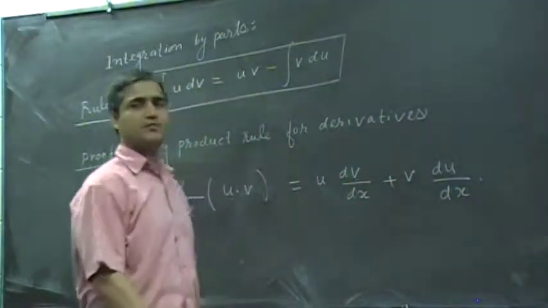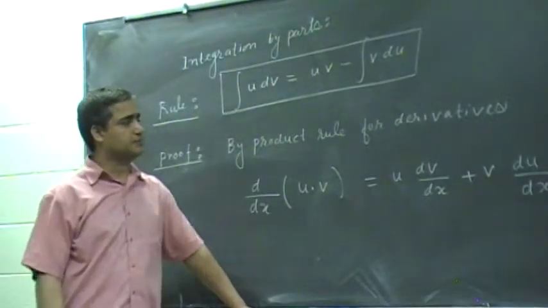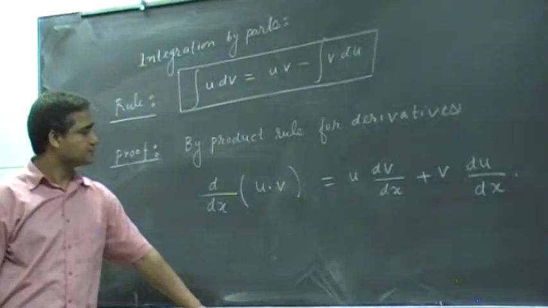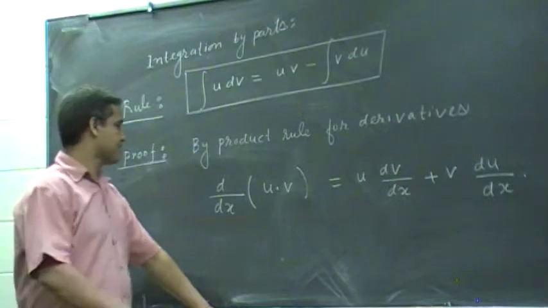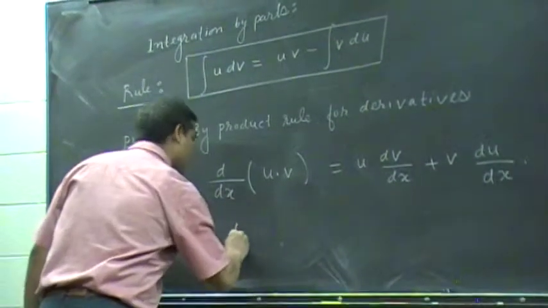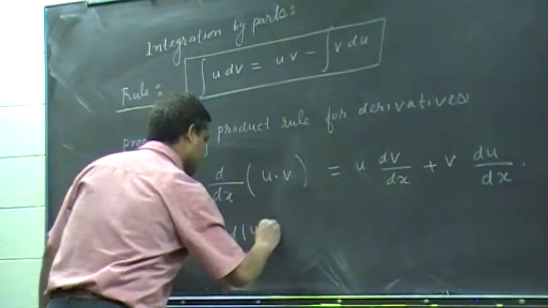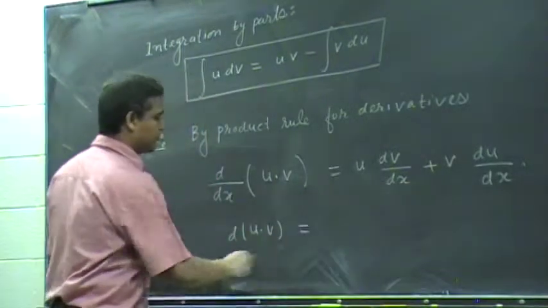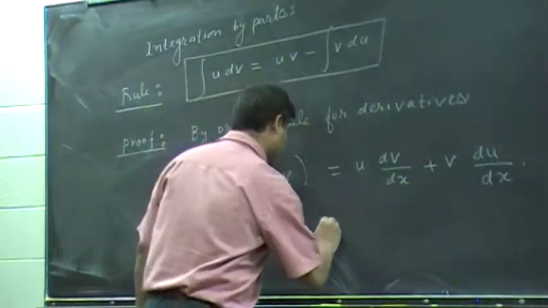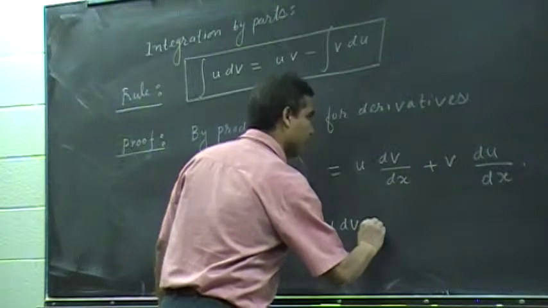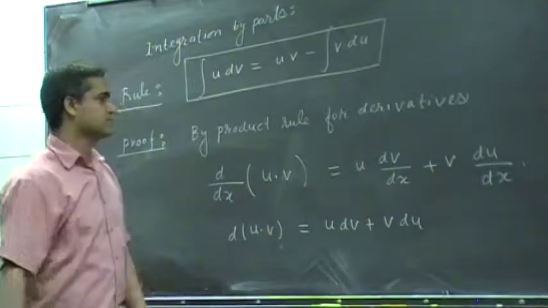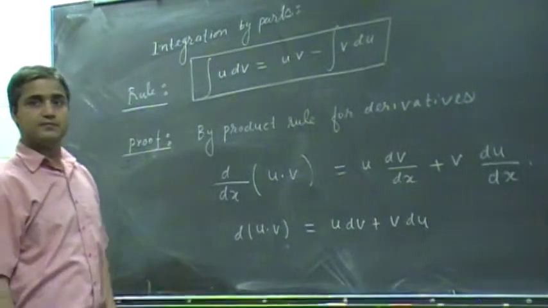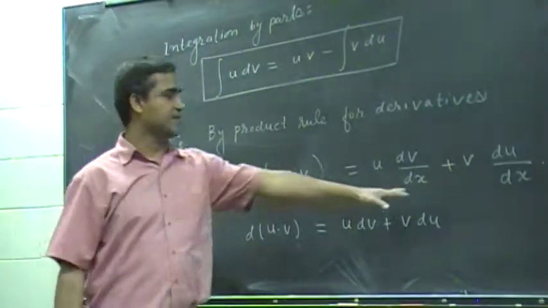This is the product rule of finding derivatives. Let's multiply both sides by dx. What happens? d of u times v is u dv plus v du. Did it make sense?